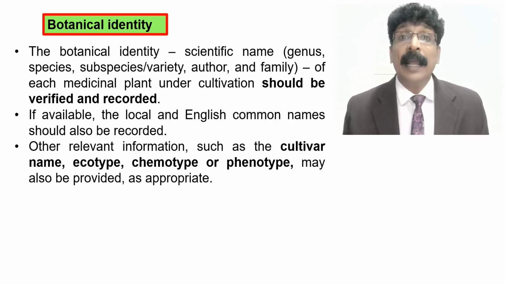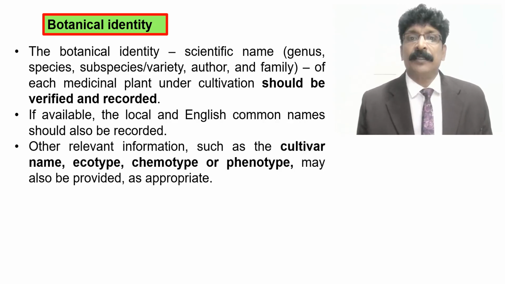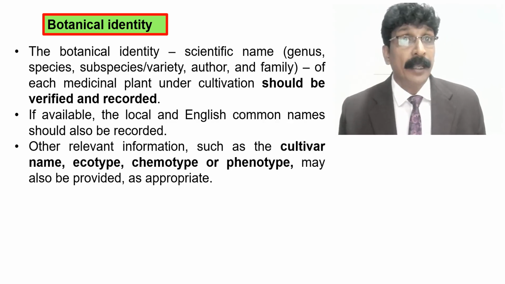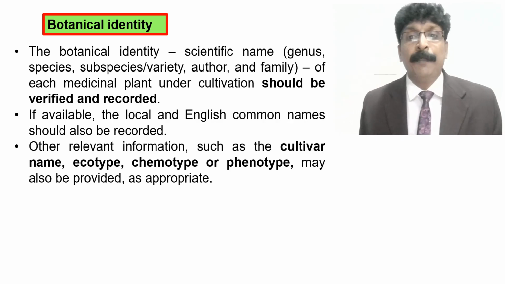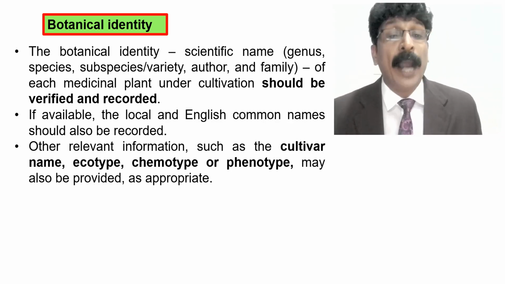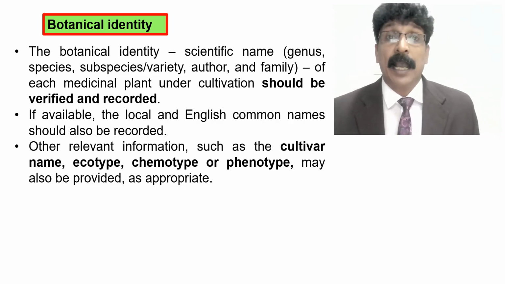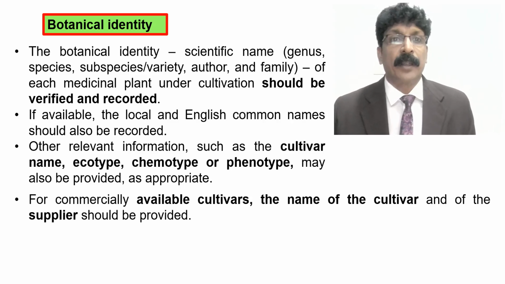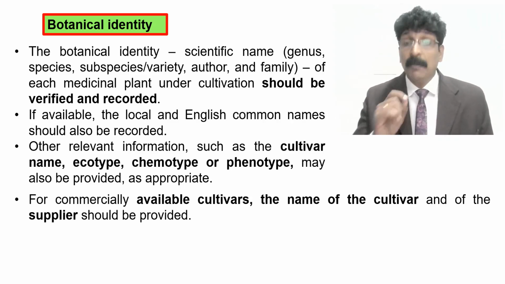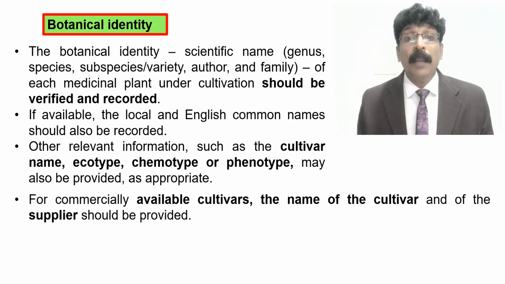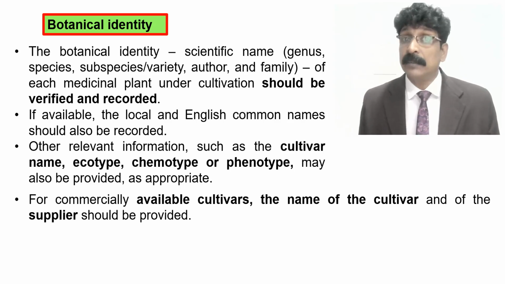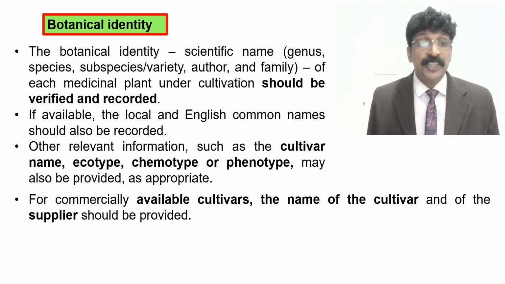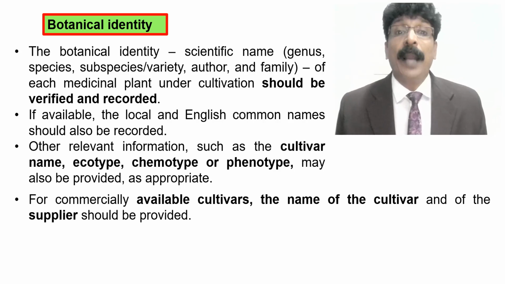Other relevant information such as the cultivar name, ecotype, chemotype or phenotype may also be provided as appropriate. For commercially available cultivars, the name of the cultivar and of the supplier should be provided.